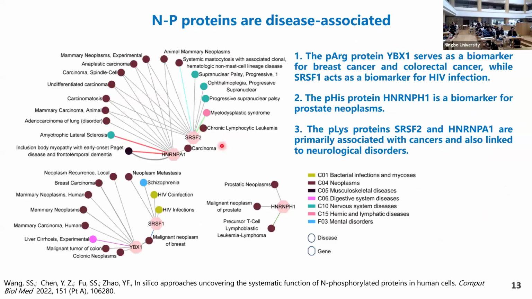And a more detailed bioinformatics analysis shows that these nitrogen phosphorylated proteins are disease associated, such as breast cancer, colorectal cancer, virus infection, and other diseases.